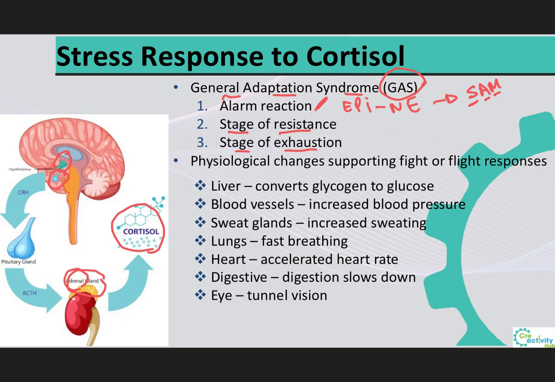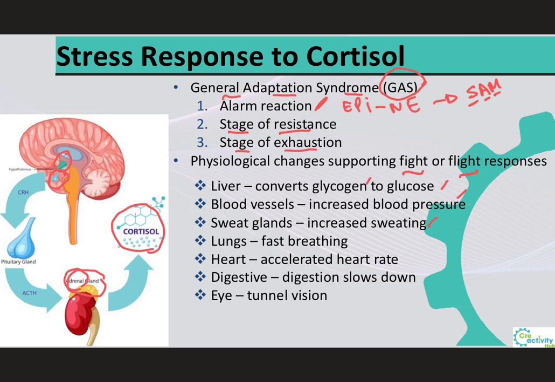Listed here, I also have a few of the physiological changes that support the fight or flight response. So this is like, I gotta run and I gotta fight to stay alive. For this, you need energy, so the liver will convert glycogen to glucose. The blood vessels will constrict, because you need to increase blood pressure. Sweat glands will increase their secretion, as sweating is under control of the sympathetic nervous system.